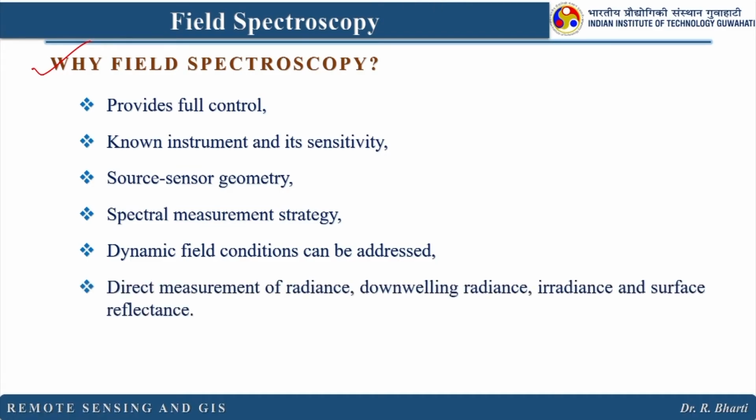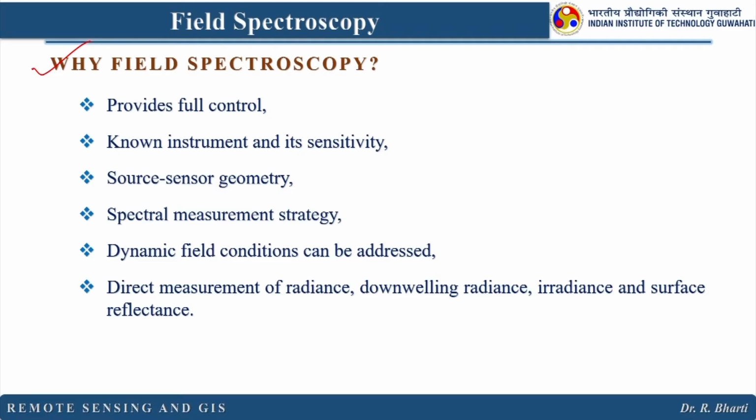Direct measurement of radiance, downwelling radiance, irradiance and surface reflectance can be done here. In a remotely sensed image, if you want to calculate surface reflectance, you need to model the complete atmosphere. But here, since the distance between the target and the sensor is very small, the influence of atmosphere is expected to be negligible, right?